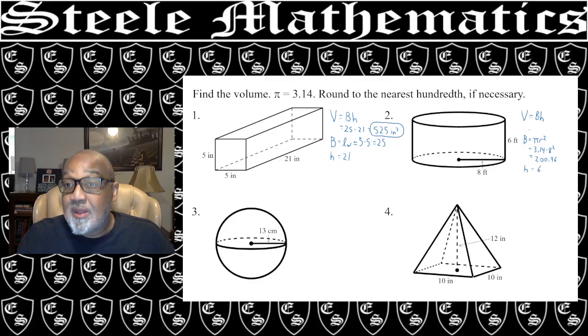Therefore, the volume is 200.96 times 6. And that will give you 1,205.76 cubic feet.